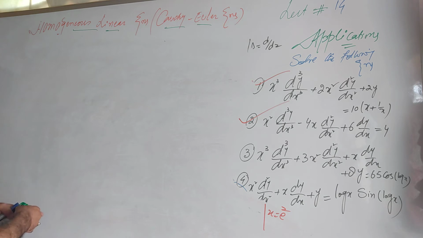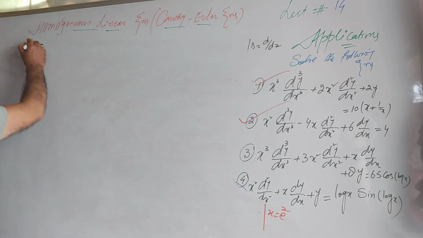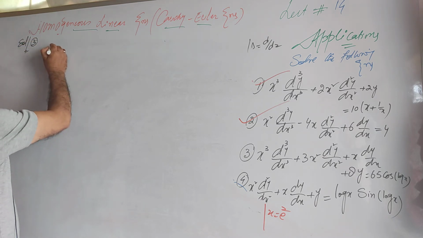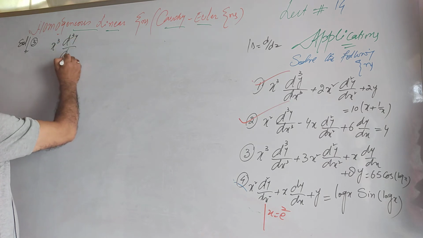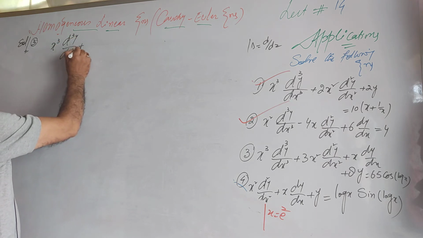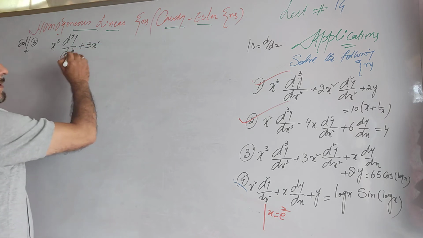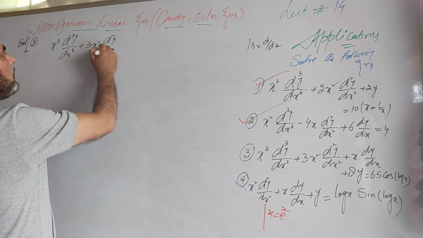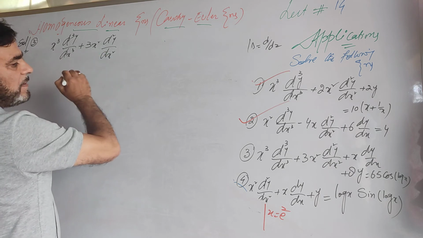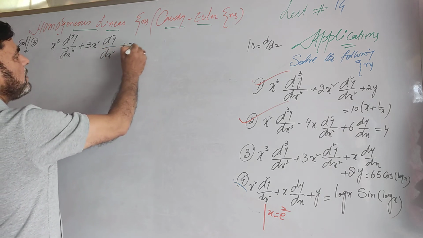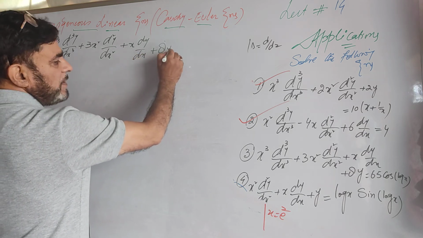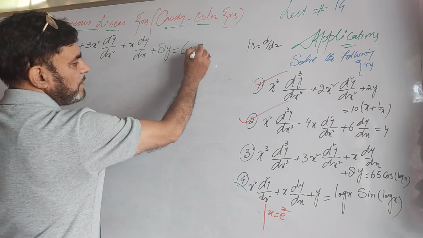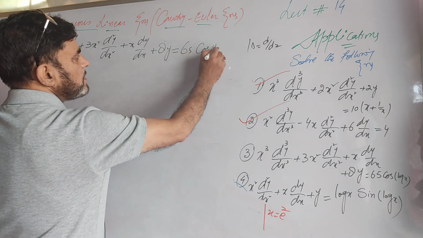Let us now take the solution of the third equation. It is x cube d3y by dx cube plus 3x square d2y by dx square plus x dy by dx plus 8y is equal to 65 cos of log x.